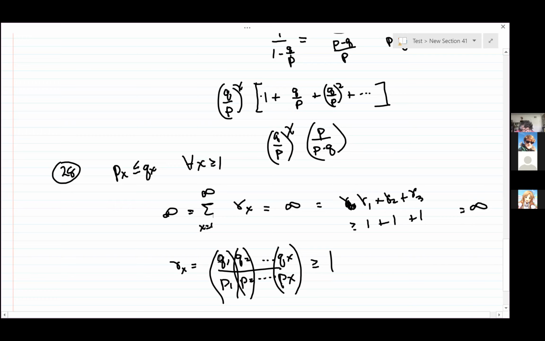Another way of saying it is the product of the q's is greater than or equal to the product of the p's. So each of these terms is greater than or equal to 1, which means it diverges. And this is bigger, so by the comparison test this thing diverges, and therefore the chain is recurrent.